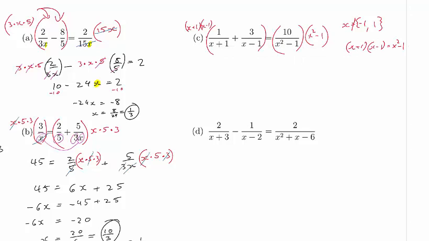Okay, so let's go ahead and work these. And then on the other side, we can already see that that's going to cancel with that. And so on the right-hand side, we're left with 10.